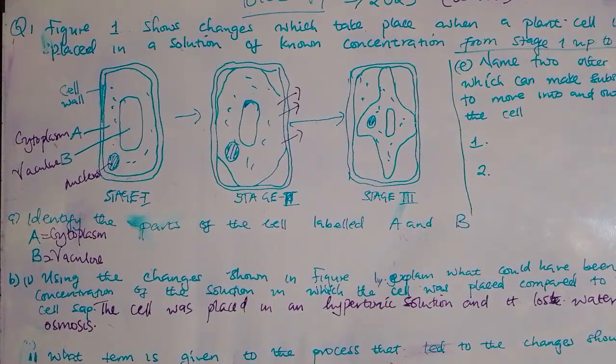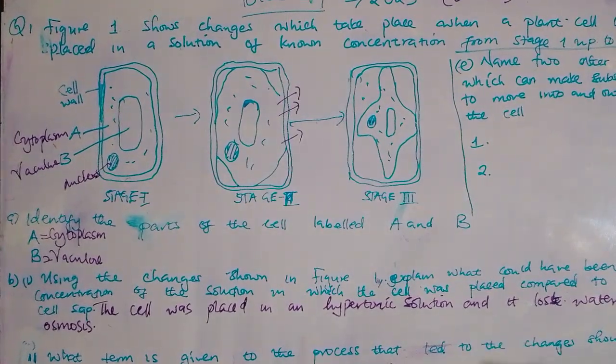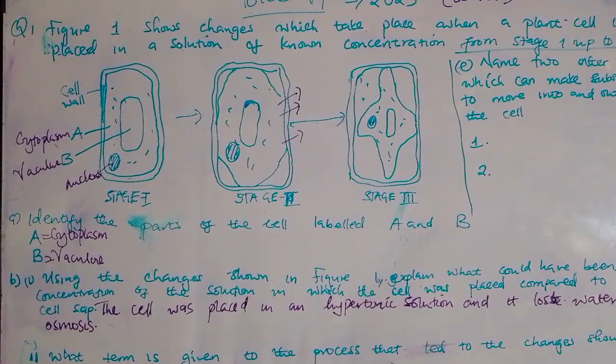Why? Using the changes, explain what could have been the concentration of the solution in which the cell was placed compared to the cell sap. So the cell was placed in a hypertonic solution and it lost water by osmosis. Why?